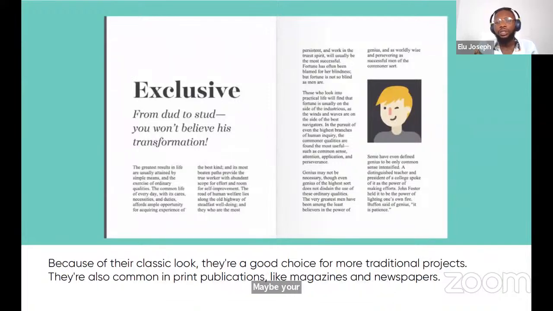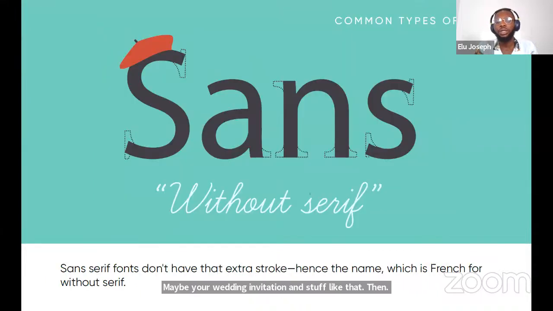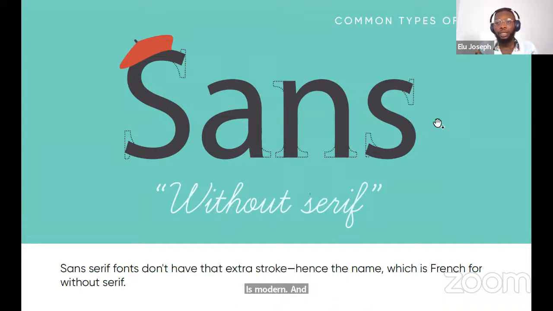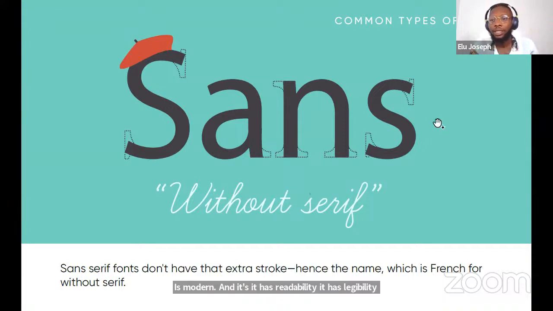Then sans serif, which is French for no serif or without serif, is modern, and it has readability, legibility and acceptability. That's because it is easy to read. It's not hurtful in the eyes.